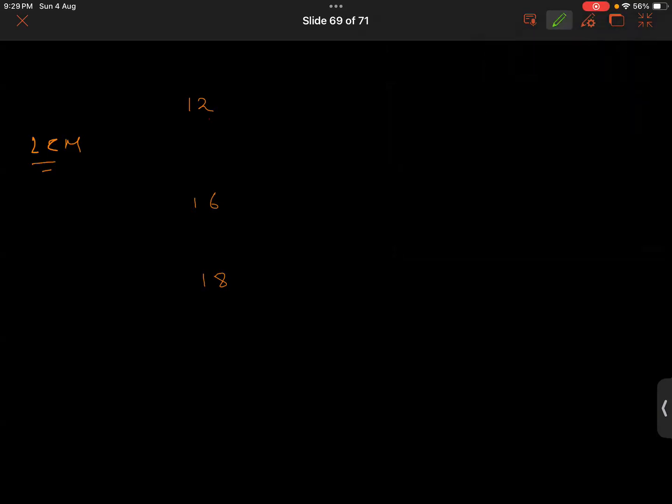So can we find it in division method? For this one, you can do that also. Listing method also. Yeah, you can use the listing method, you can use the prime factorization method, or in fact, you can use the division method also.